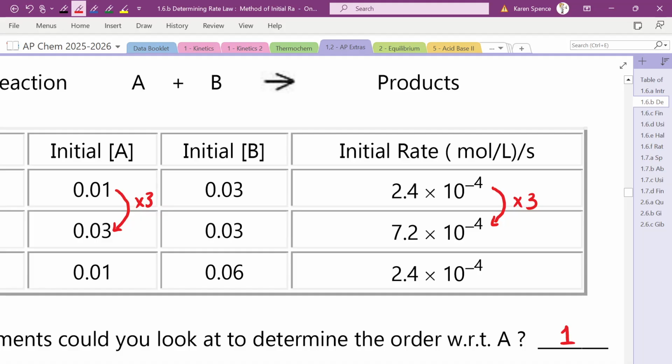Which two experiments should we compare when we're looking for reactant B? Yeah, we could do the first one and the third one. Why wouldn't we use 2 and 3? Because we're changing both concentrations. That's useless to us, okay? So for B, we're going to use our first and our third.